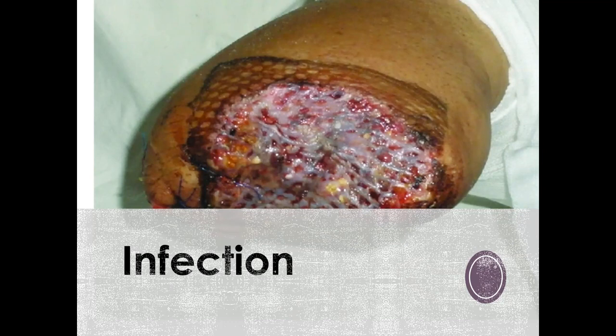Once a wound's infected, the infection causes a prolongation of the inflammatory phase, delays collagen synthesis, prevents epithelialization, and can lead to additional tissue destruction. Infection contributes to a failure of wound to progress through the normal phases of healing and to the development of chronic wounds.